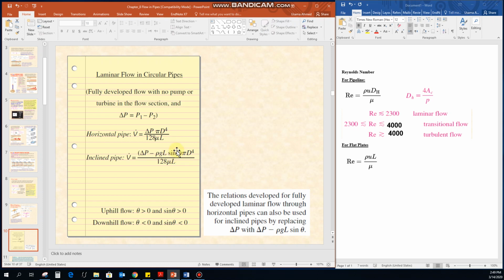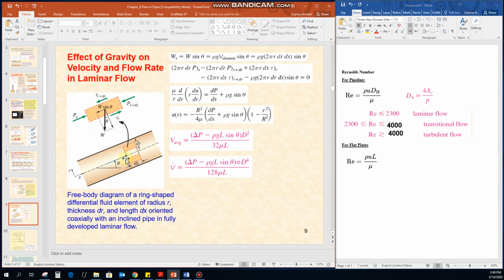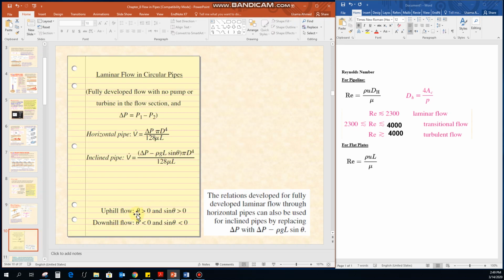Now the value for theta: if the fluid is moving upward in the pipeline, in this kind of situation, you have to use the positive value for theta, and with a positive sine theta, the overall volumetric flow rate will be reduced if the pipeline is inclined upward. In downward flow, theta is negative, and for downhill flow the volumetric flow rate will have a higher value.